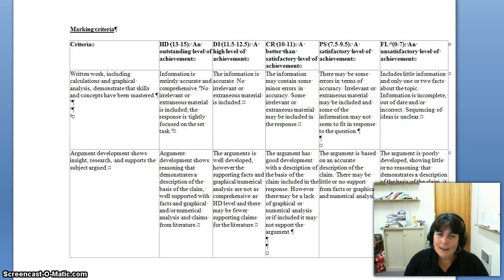So this one I'm looking for that, particularly in the written ones. This criteria doesn't apply so much to question 2, but it certainly does to question 1 and 3, that you're basically backing up what you're saying with some evidence. Okay, so in other words, I'm not talking any deep research evidence here.